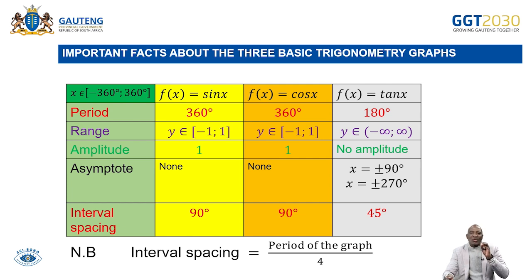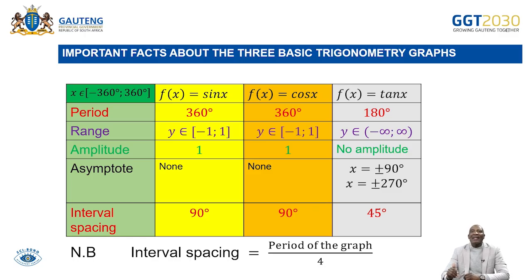Any graph that you are drawing, if you want it to come out perfectly, it was investigated and proven to be perfect. You take the period of that graph and then divide by 4. You will always know which angle you are using to space out. So in this case, if I take 360 and divide by 4, I get 90. So my interval spacing for sine and cosine is 90, while both have a period of 360.